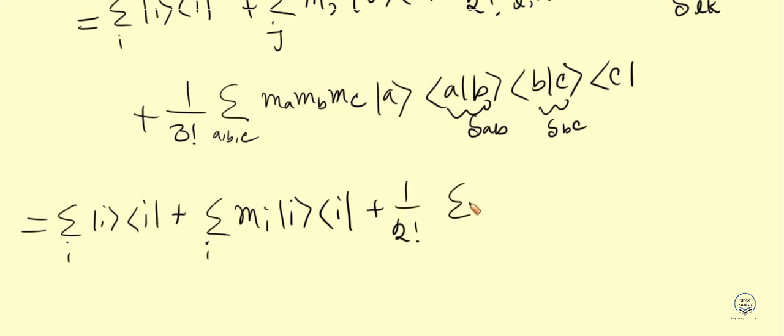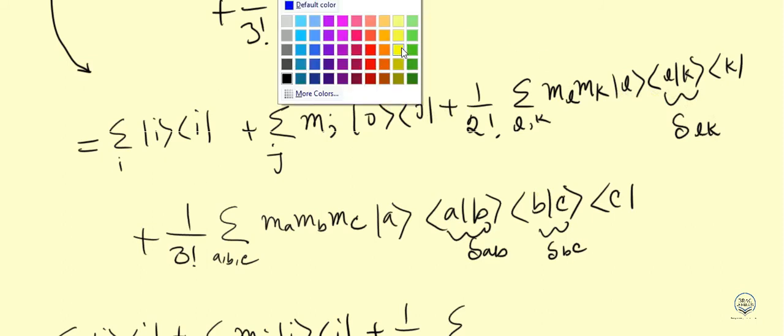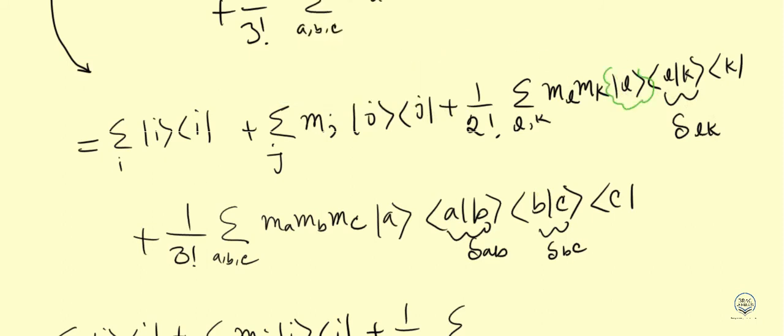Let's say we are summing over L, so this L over here, that is this one, this will be replaced with K, right? And this delta will be gone, and there is another bra of K. So ultimately we'll have something like sum over K, K, K. But K is a dummy index, so I can always switch back to I.